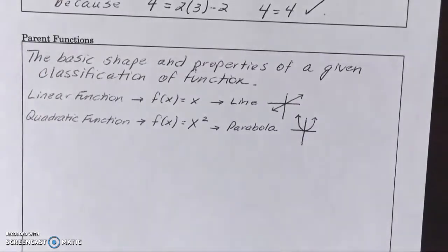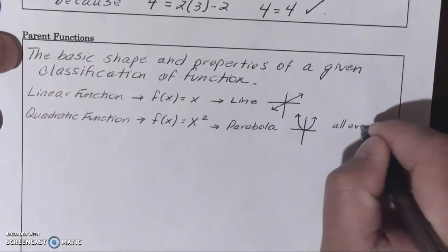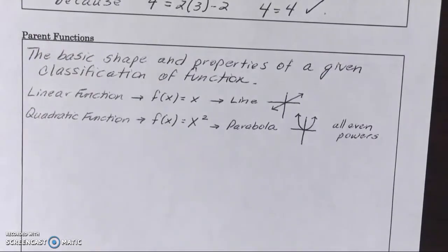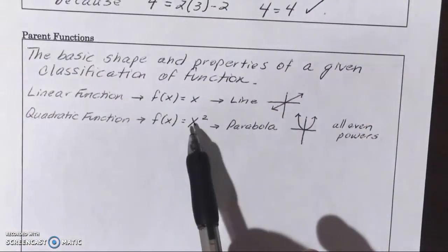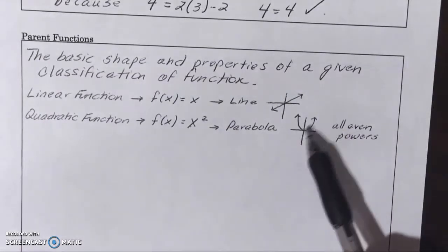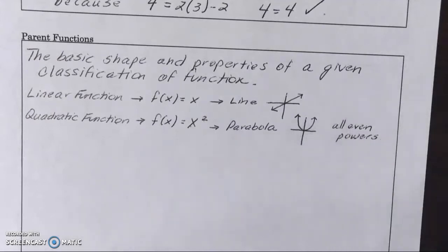The shape of a quadratic function would be a parabola. Also, if we raise this to the 4th, the 6th, the 8th, the 10th power, all of the even powers would fit a lot of the same properties and certainly the same shape of a parabola.